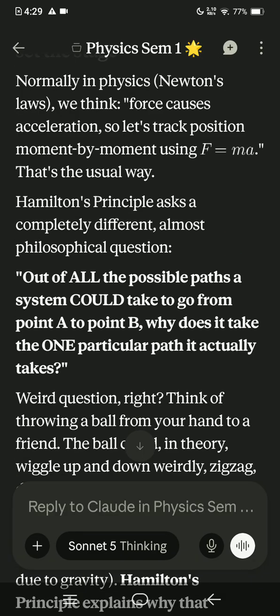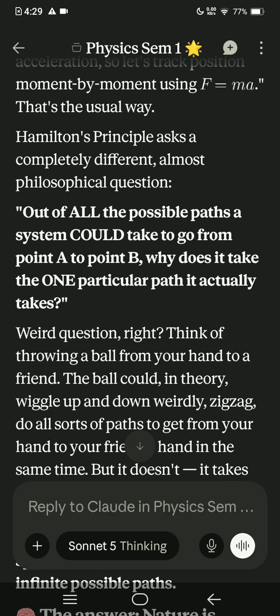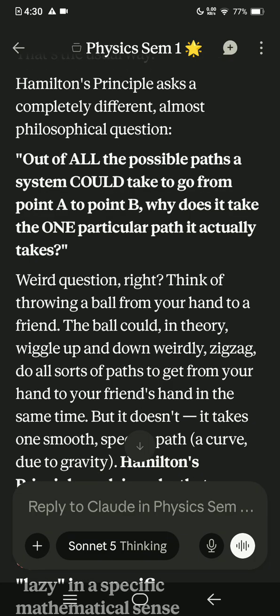Hamilton's principle asks a completely different, almost philosophical question. Out of all the possible paths a system could take to go from point A to B, why does it take the one particular path it actually takes? Weird question, right? Think of throwing a ball from your hand to a friend.